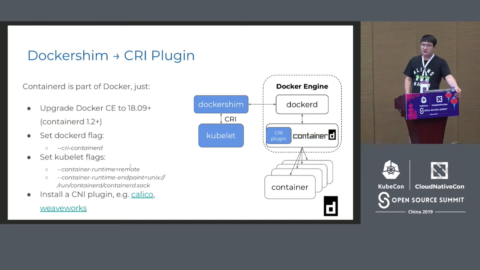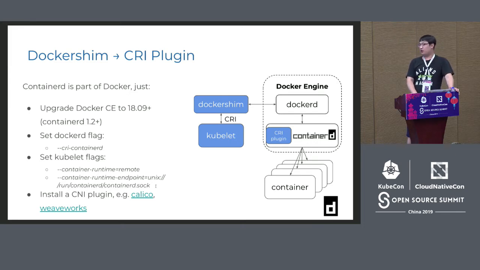For containerd, it's very simple. If you have Docker 18.05 installed on your machine, we already have containerd. As long as you install Docker, you already have containerd. So when you start Docker, you can also enable CRI.